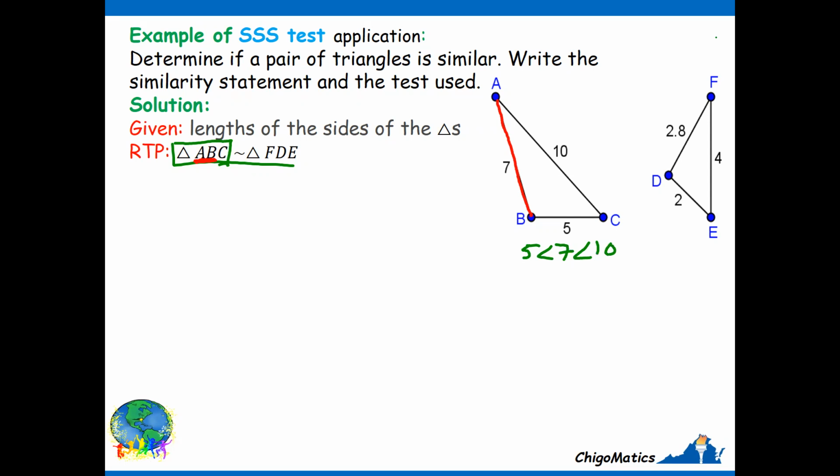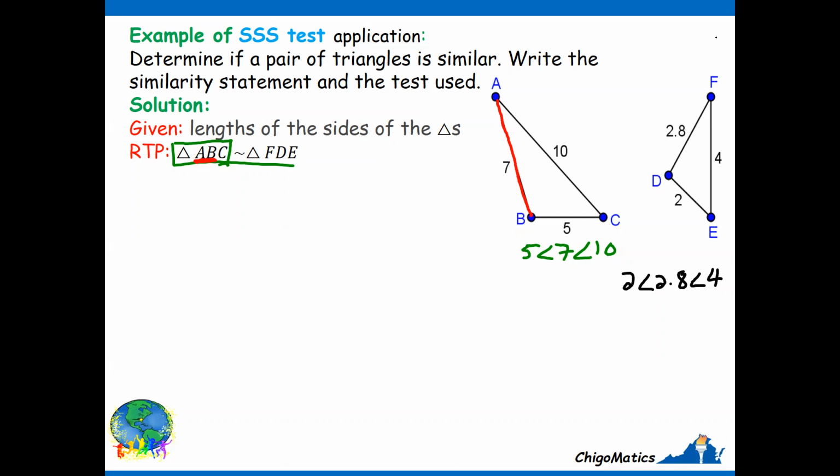I can do the same on the other side to see what is the smallest. 2 is less than 2.8 is less than 4, right? So I've arranged them.